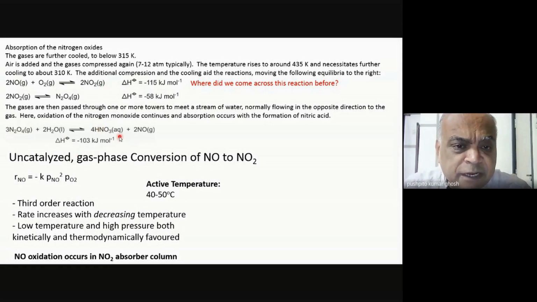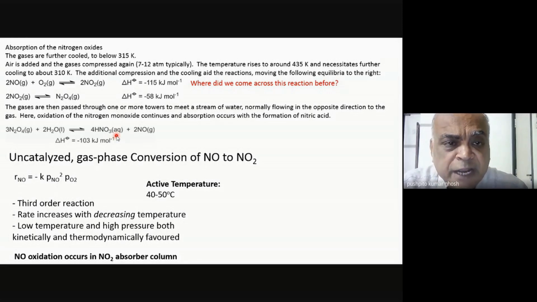So obviously there is a substantial amount of heat generated in the entire process of manufacture of nitric acid. And just like in the contact process, that heat is actually utilized to generate either high pressure steam or power. So again, just like the sulfuric acid plants, these tend to be cogeneration plants where you are generating power or steam additionally. So that's again something important to remember.